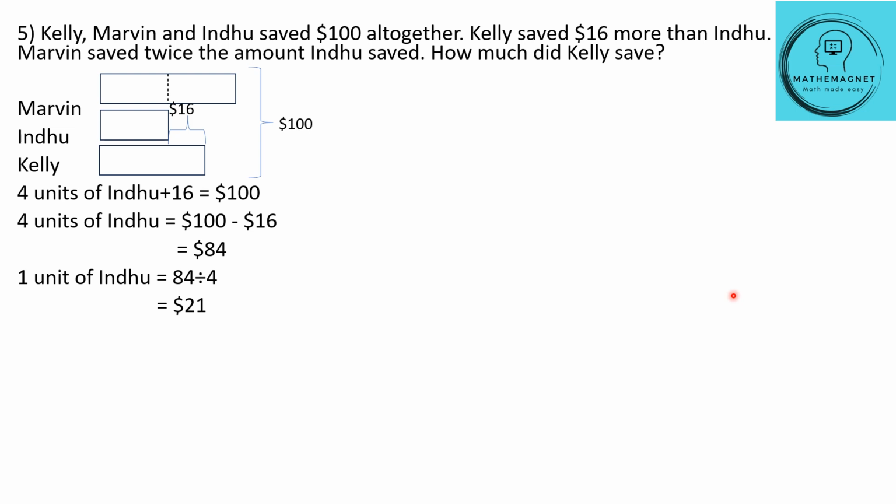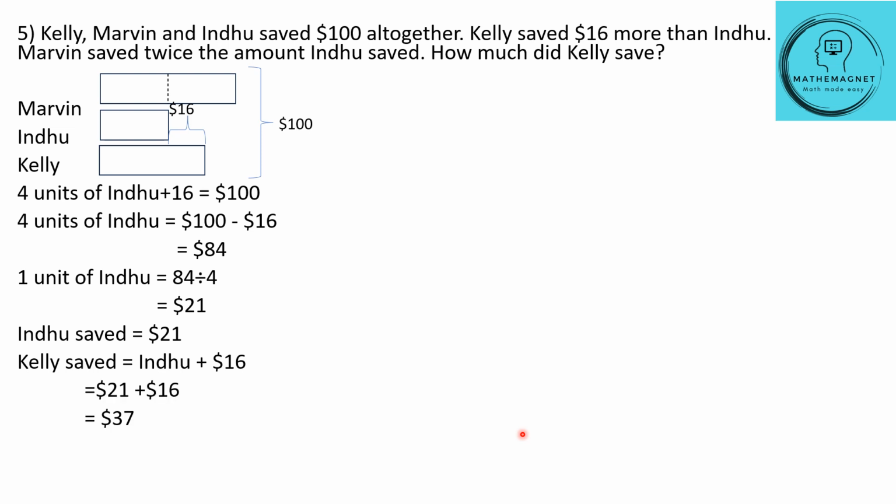So now we have found the amount of money saved by Indu. They've asked us to find how much did Kelly save, not what Indu saved. So to find Kelly, we know it is Indu plus $16. So Indu saved $21. So Kelly saved Indu plus $16, which will be equal to 21 plus 16, which is $37. So Kelly saved $37.